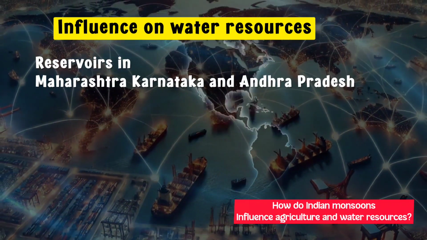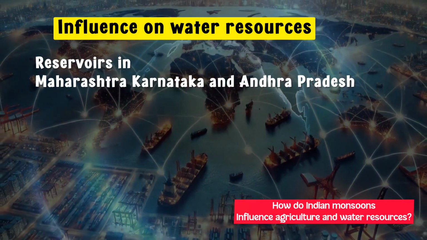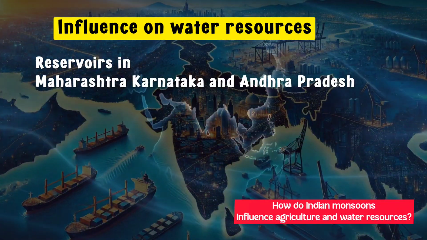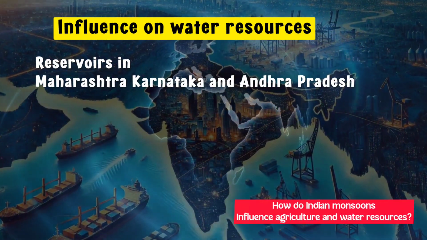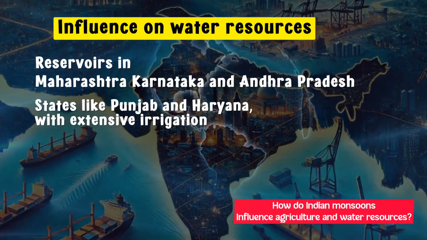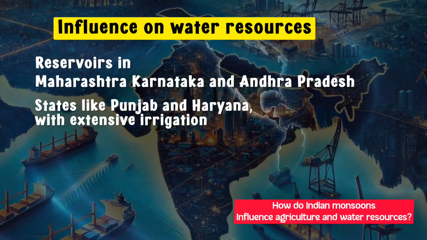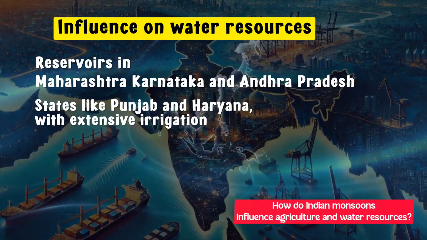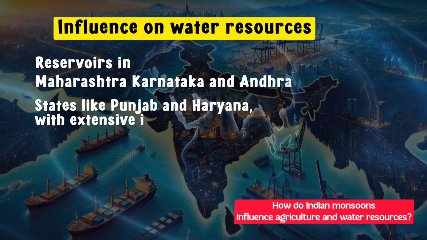Reservoirs such as those in Maharashtra, Karnataka, and Andhra Pradesh fill up during the monsoon, enabling them to provide irrigation and drinking water throughout the dry months. In states like Punjab and Haryana, where extensive irrigation is used for rice farming, the availability of water from the monsoon ensures that crops receive the necessary moisture during the critical growth periods.